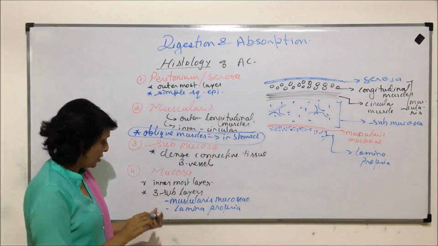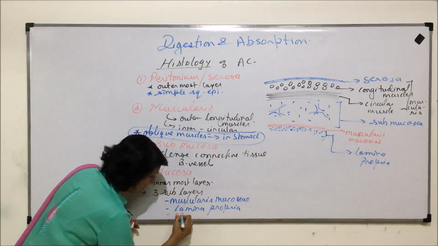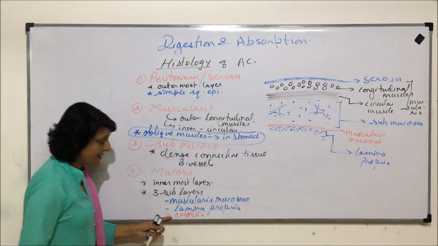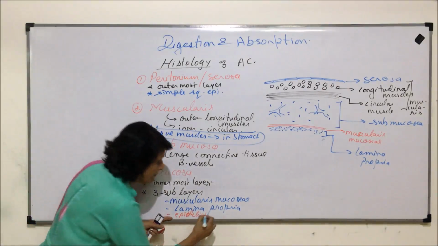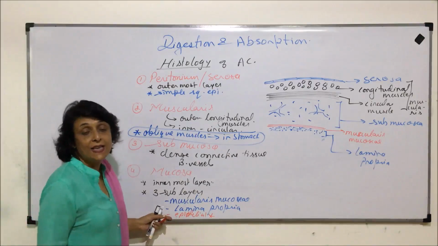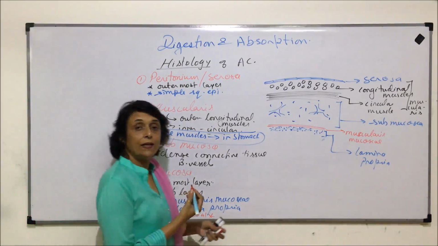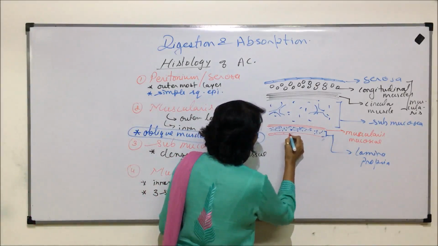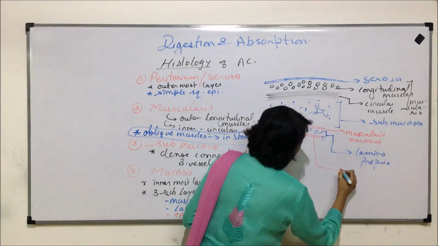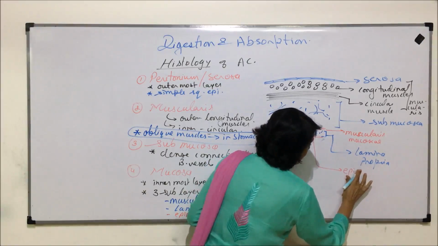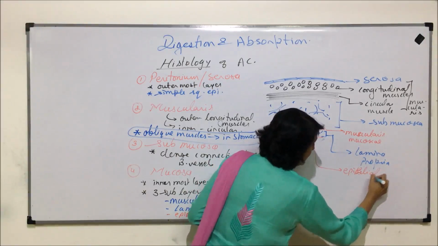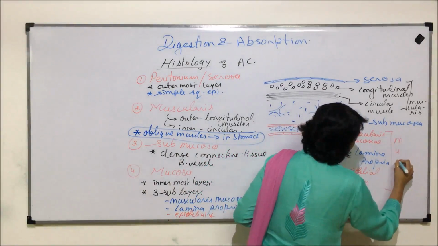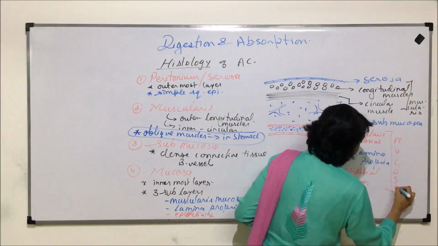And the innermost is the epithelial layer, where most of the glands are found in the intestine or stomach region. So this is the epithelial layer. And these 3 together make mucosa.